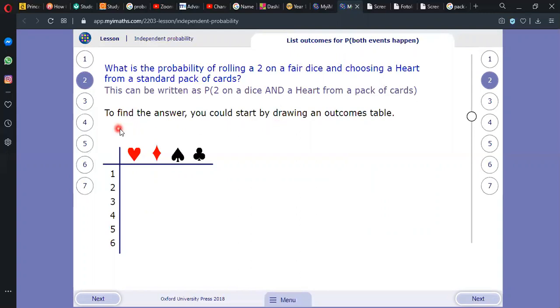Now, to find the answer, you could start by drawing an outcomes table. Look at the table right here. This is a list of the types of cards that we have in the pack of playing cards. This is the heart, this is diamond, this is the spade, and this is club. For the dice, these are the numbers that we have on a fair dice, 1, 2, 3, 4, 5, 6.